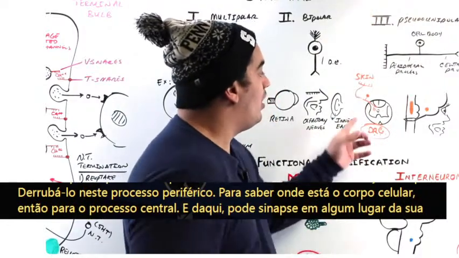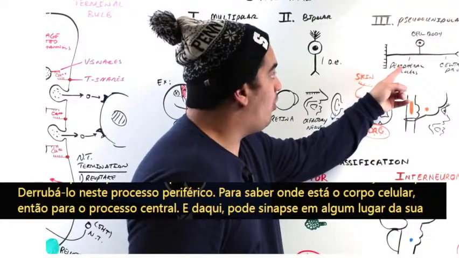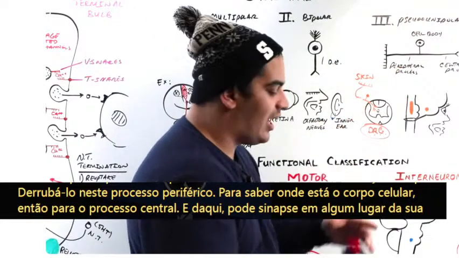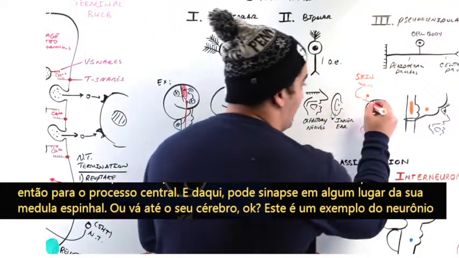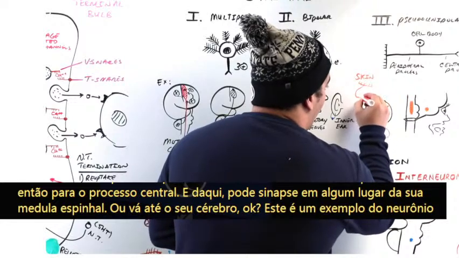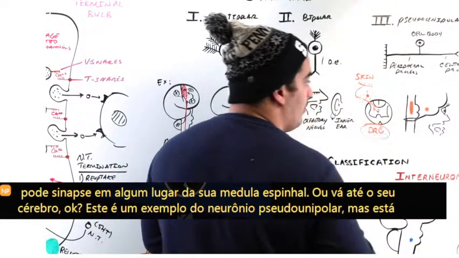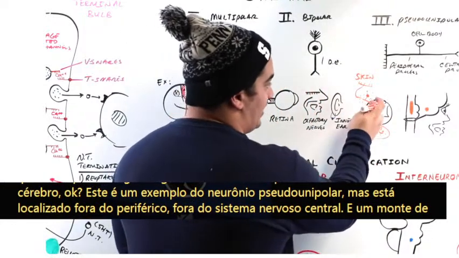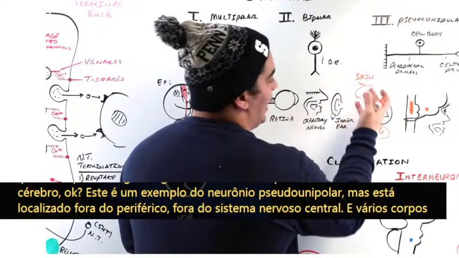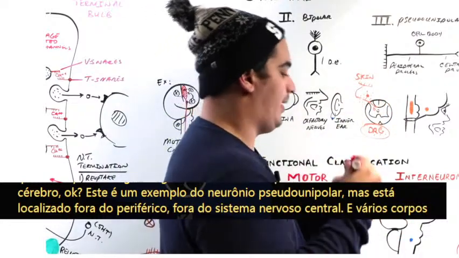So this is an example of the pseudounipolar neuron, but it's located outside of the central nervous system, and a bunch of cell bodies located outside of the central nervous system are called a ganglia. And since it's near the dorsal root, that's why we call it a dorsal root ganglia.